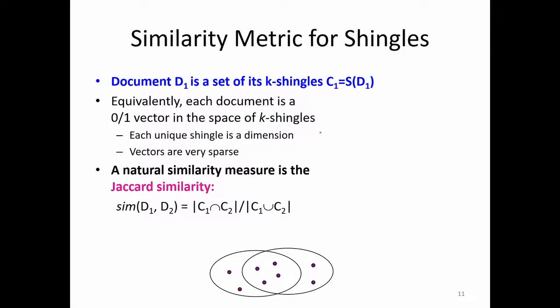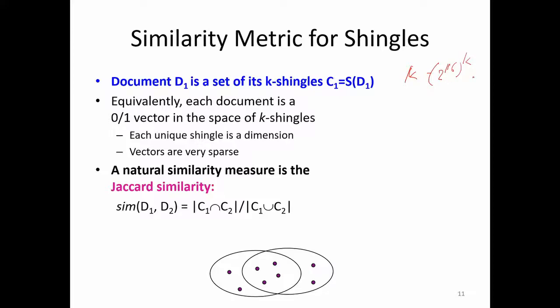Now, an equivalent way of thinking about it is that suppose you have a master set of k shingles. Typically, if you have k shingles of, let's say, 16 bit numbers, so 2 to the power 16 numbers, you actually have 2 to the power 16 to the power k possible shingles.